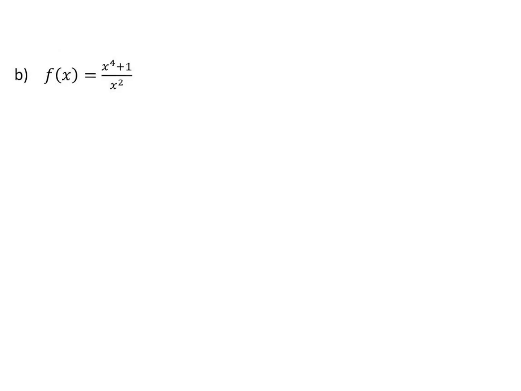X to the 4th plus 1 times x to the negative 2. Oh, I see what you're doing. You're just moving the x to the negative 2 up. Yeah, but we can even do more than that. X squared plus 1 over x squared. Yep. So I could split this up. There. Just put that denominator under both of them.